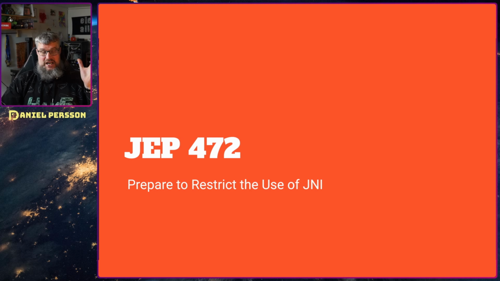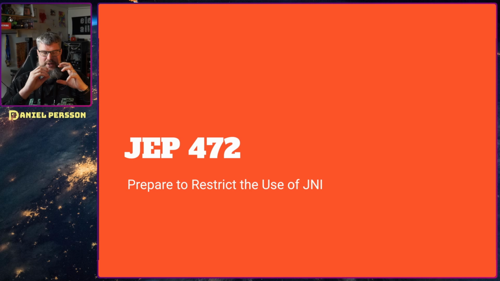Next up, we have JEP 472, preparing to restrict the use of JNI. They have a new feature now that you can use to run functionality in external tools, the foreign function API, and those are much more capable and much better.